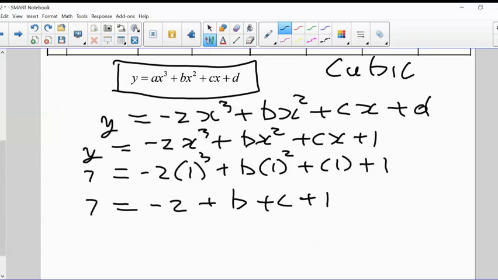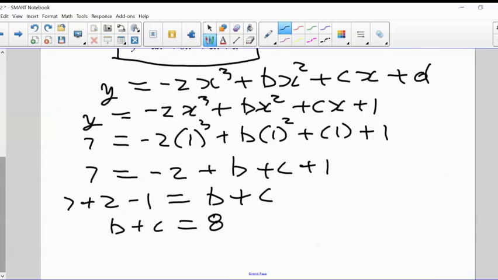By the way, why don't I take everything else, put it on the other side? So let's put the minus 2 on the other side as a plus 2. So 7 plus 2 minus 1 is equal to b plus c. So I took the 1 and made it a minus 1, took the minus 2 and made it a plus 2. So that means that b plus c is equal to 8.